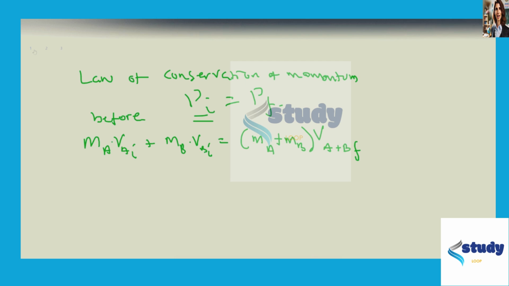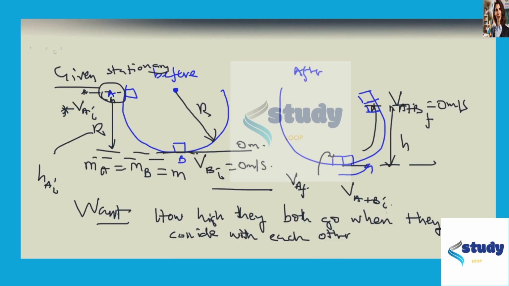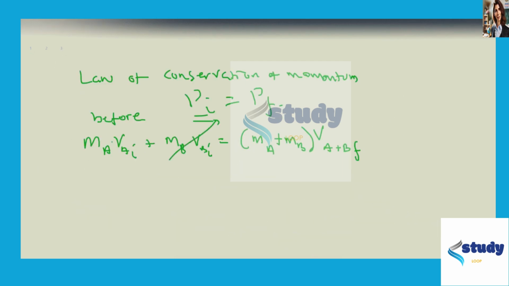And remember, the initial velocity of B is 0, so this part is going to be 0. Then we want to compute the combined velocity. That's our target.